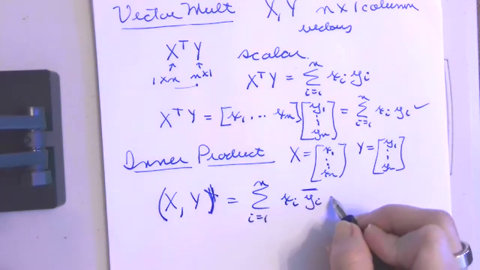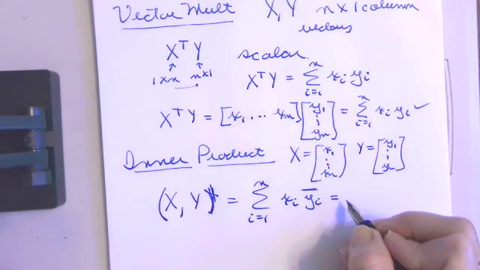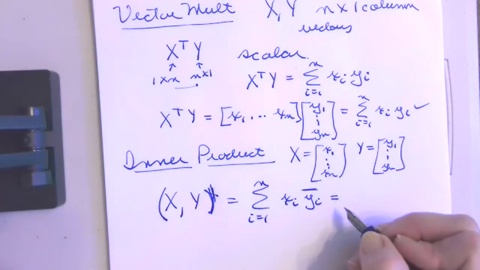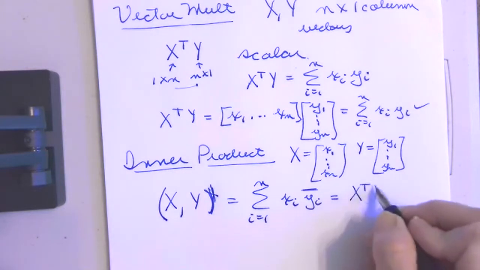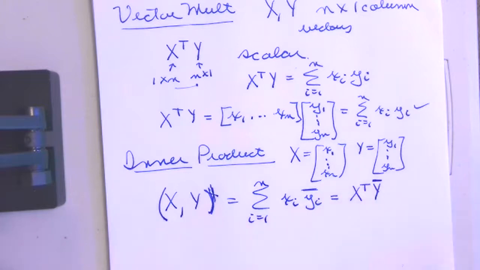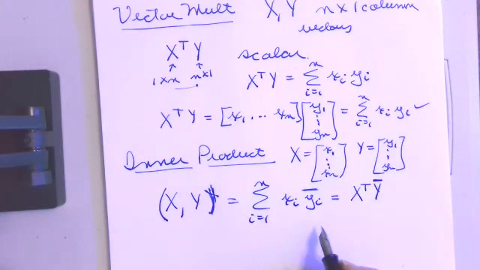Using the notation from before, it is X transpose Y complex conjugate. So it's that vector multiplication. This is easier to remember.